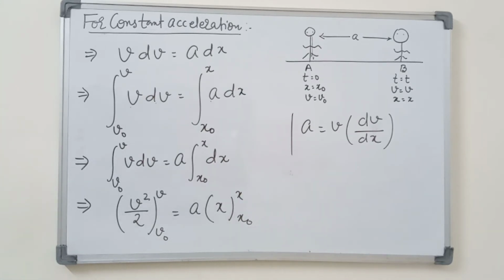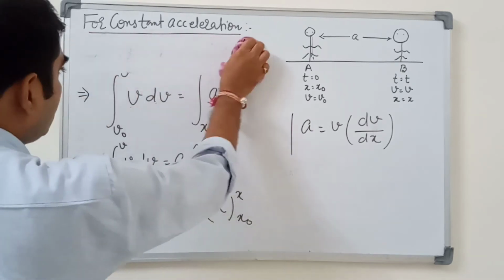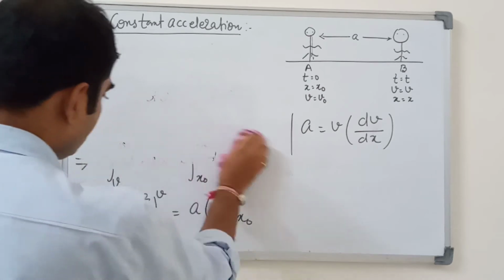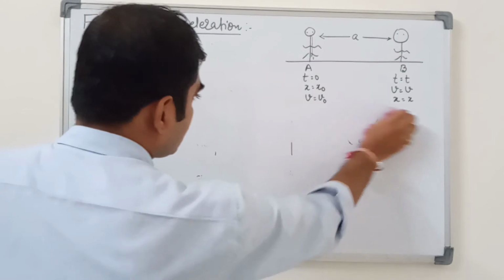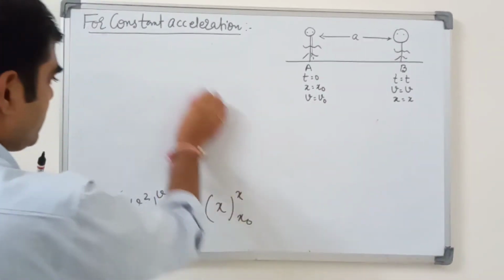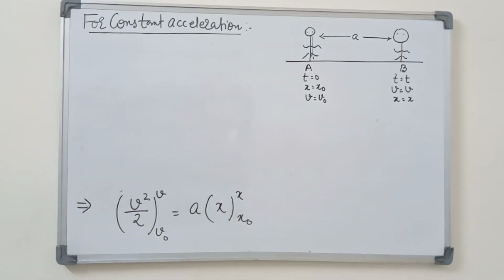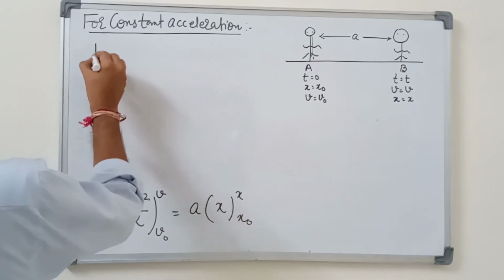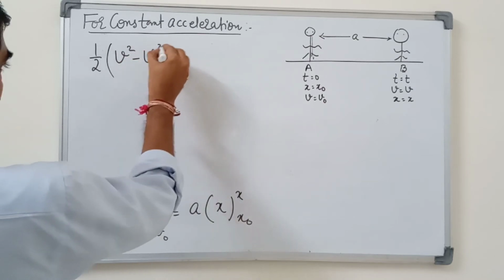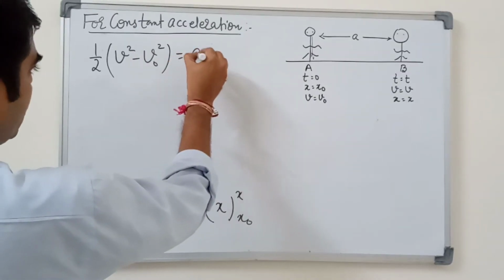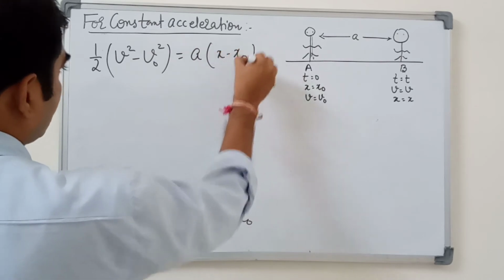Next step, putting the limits, first the upper limit and then the lower limit. Write down all of you. Now first of all, 1 upon 2 times v square minus v naught square, and here is a times x minus x naught.